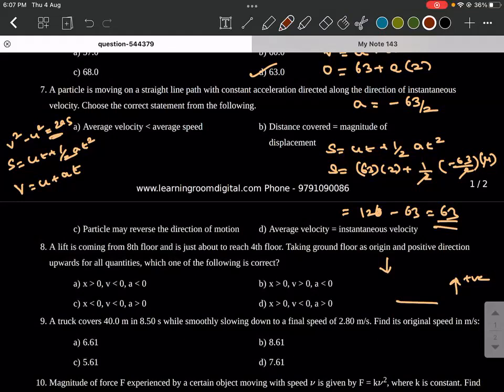Displacement negative means which options are there? Only C. So displacement x is less than 0. Displacement is negative. What about velocity?